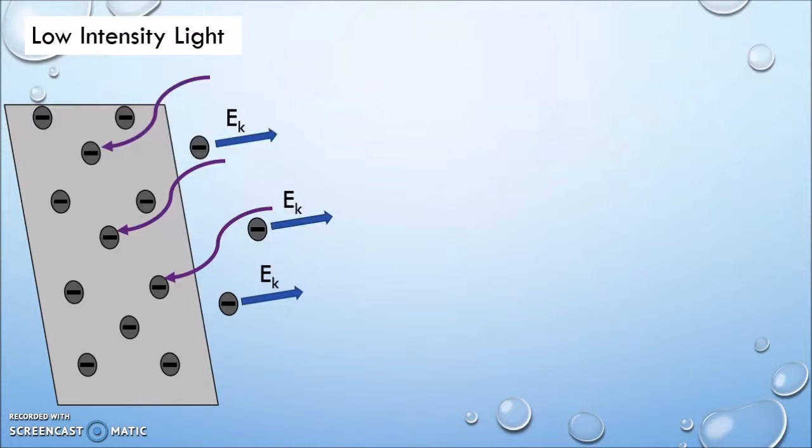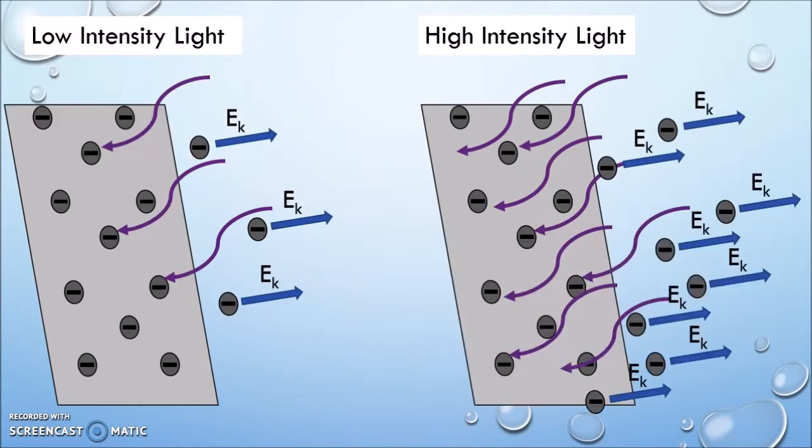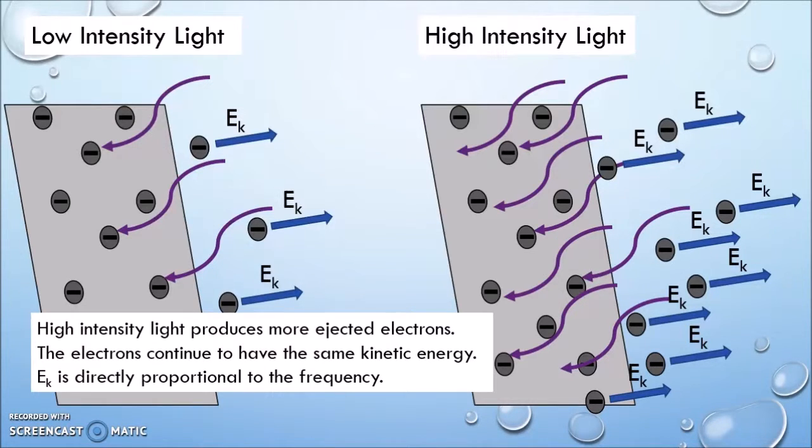Okay, so if I was to hit a plate with a low intensity light or a dim light, not many photons, I would get very few electrons off, but they would still have the full amount of kinetic energy. If I was to increase the intensity, if I was to have a brighter light, I would have more photons hitting per second, but my electrons would still have exactly the same amount of kinetic energy.